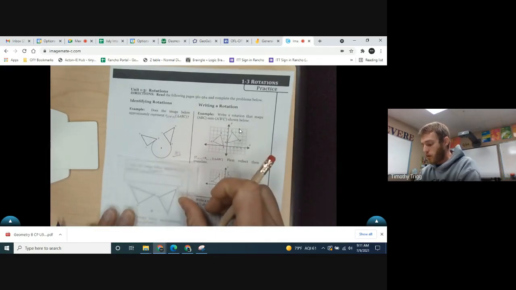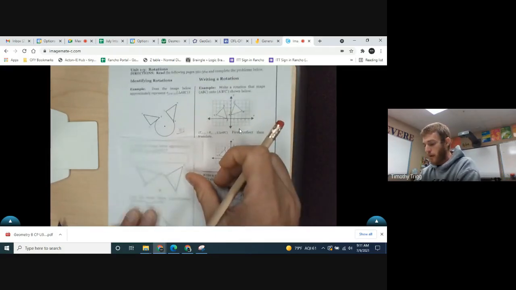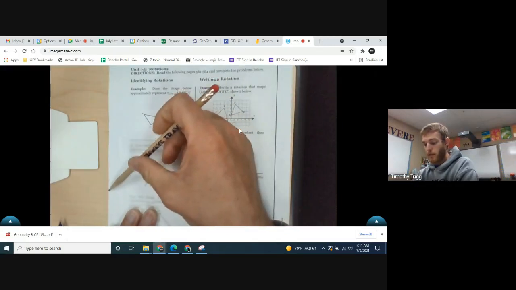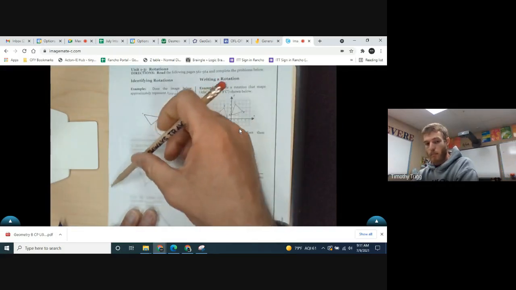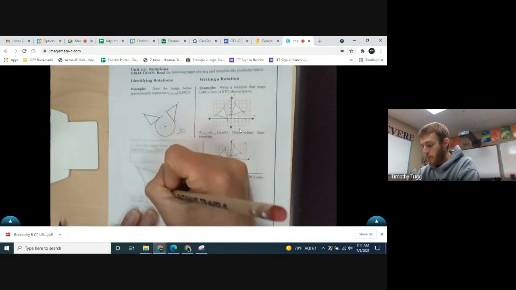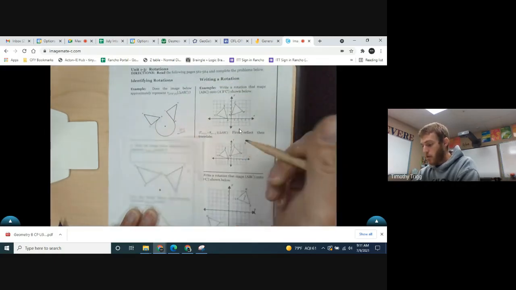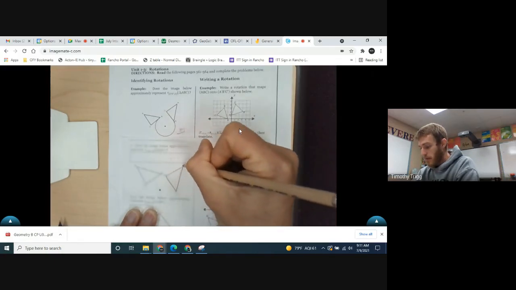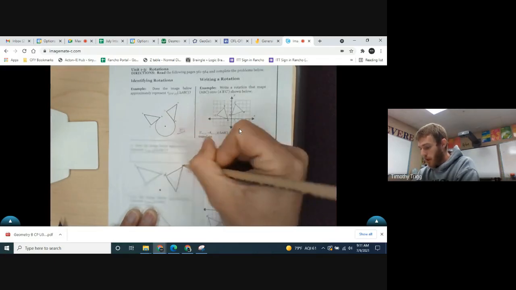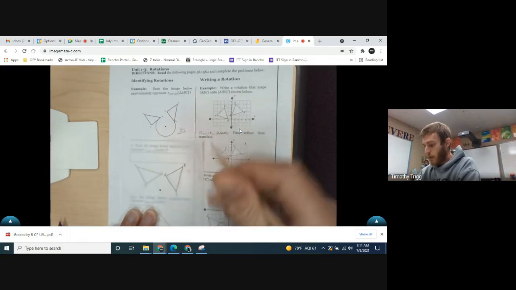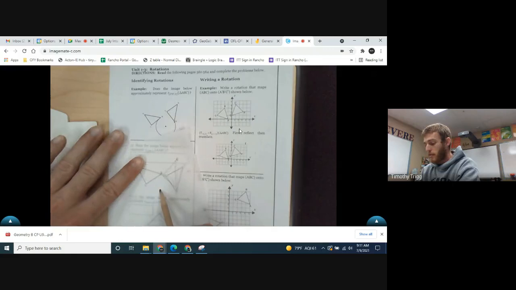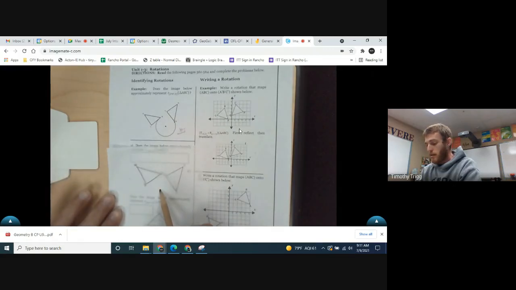So again, you put the tracing paper over it, and I'm lining up this side of my tracing paper with this side of the actual paper. Then I put a point at the center of rotation. I trace the pre-image, triangle ABC, put my pencil at the center of rotation, and I see how much I rotate to get to the image. Well, I only rotated my paper once.